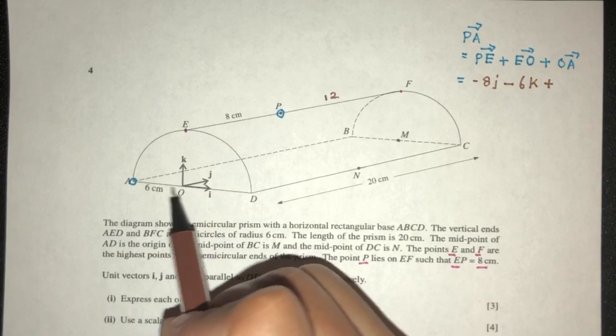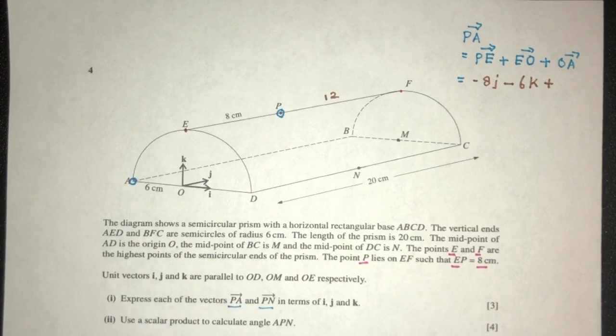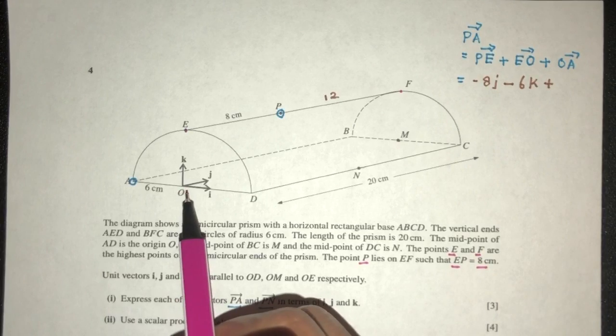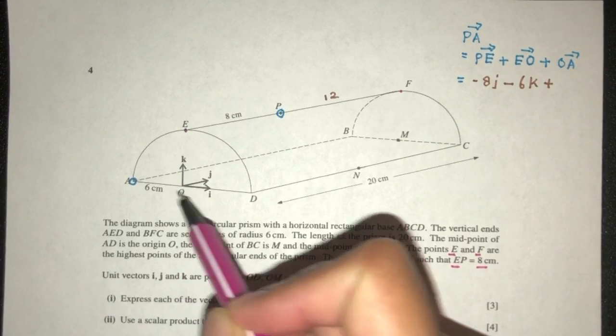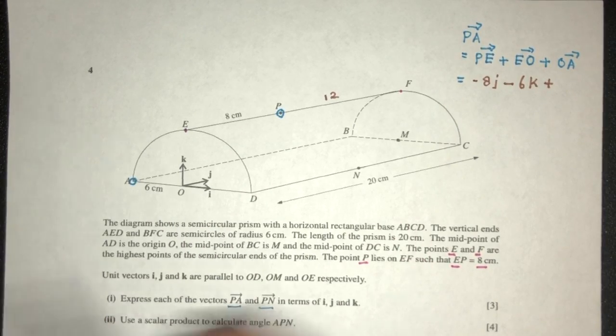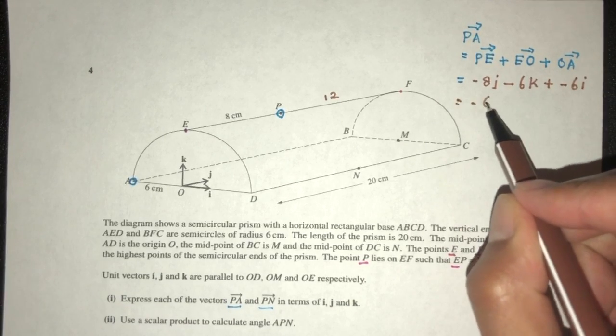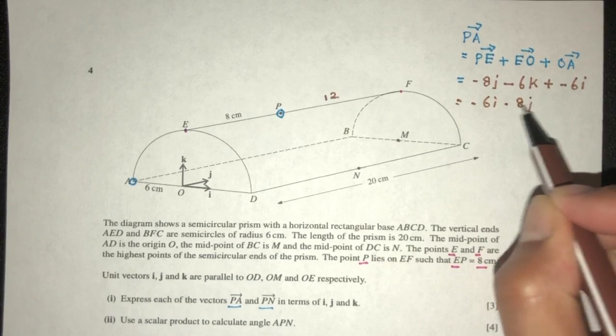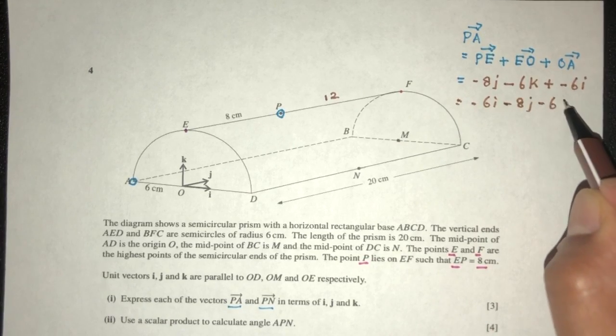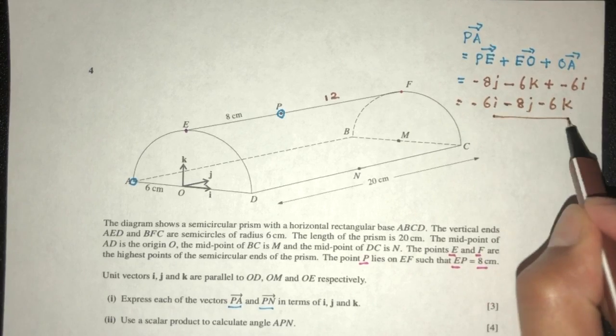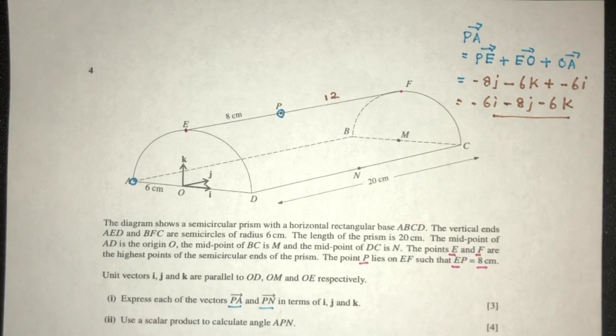Plus OA: I is in this direction, but OA is in the opposite direction, so negative I, and the length is 6, so minus 6I. That will be minus 6I minus 8J minus 6K. That is part 1 of your question in finding PA.